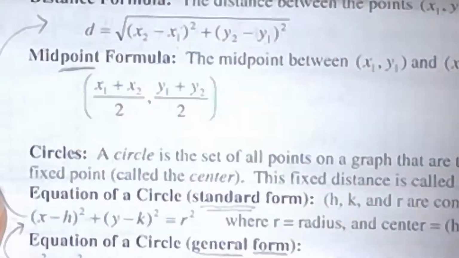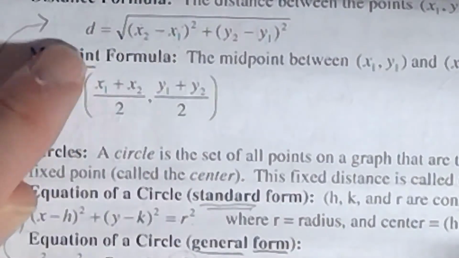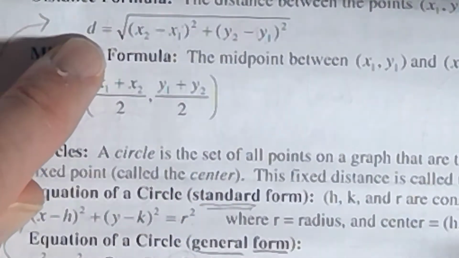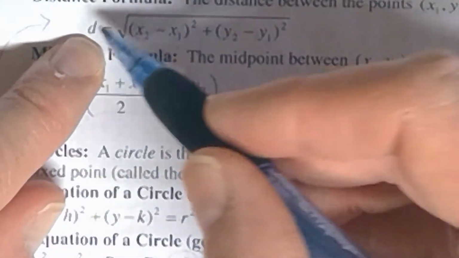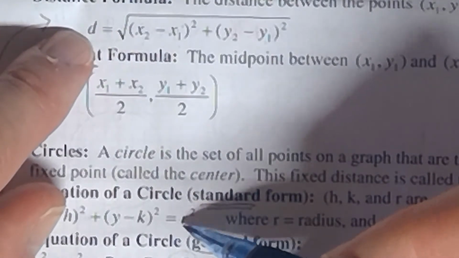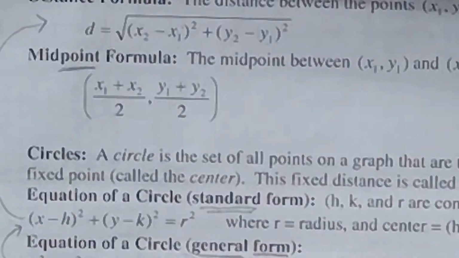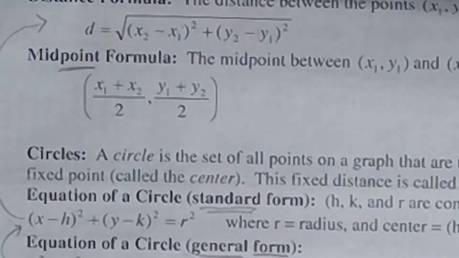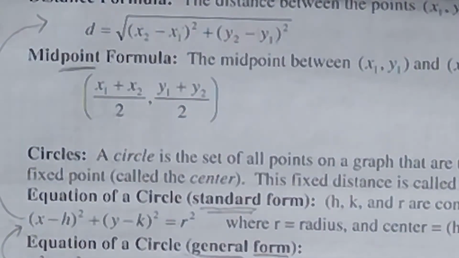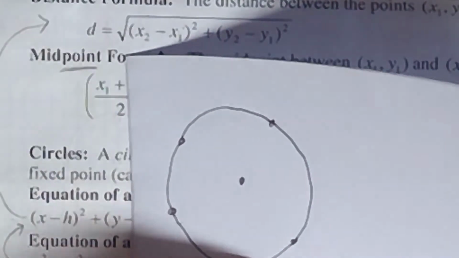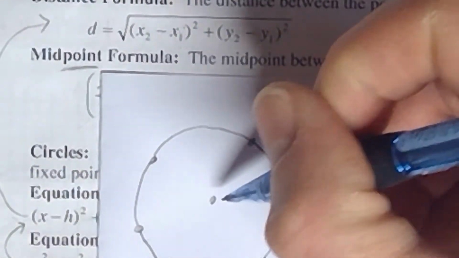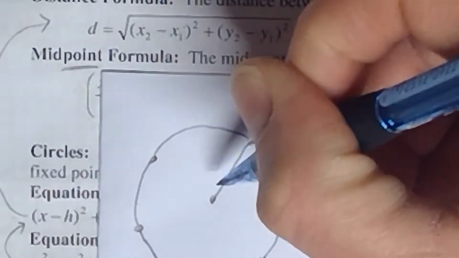And by realizing that D and R are very similar here, because if I do square both sides, this would then be D squared. And if D and R are thought of the same way, that would then make it R squared. And that's where this R squared came from. So what I'm getting at here is that since the distance is the same all the way around, and we have a name for that distance, that name is called the radius.